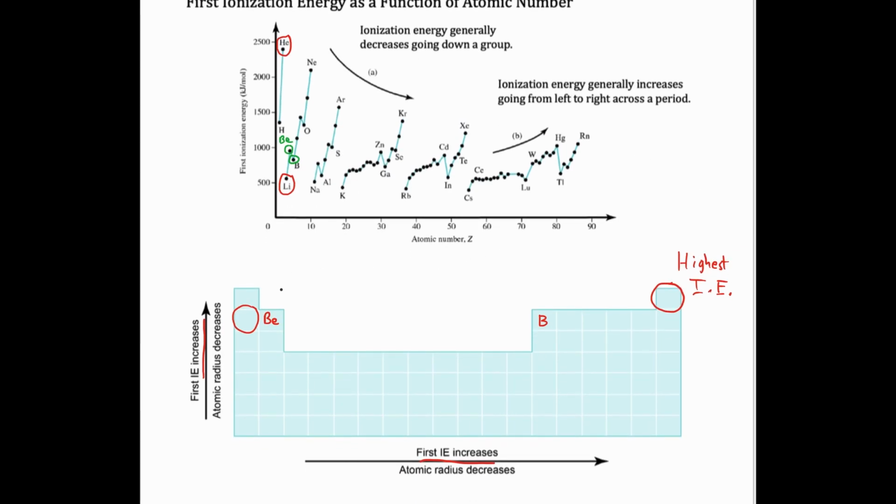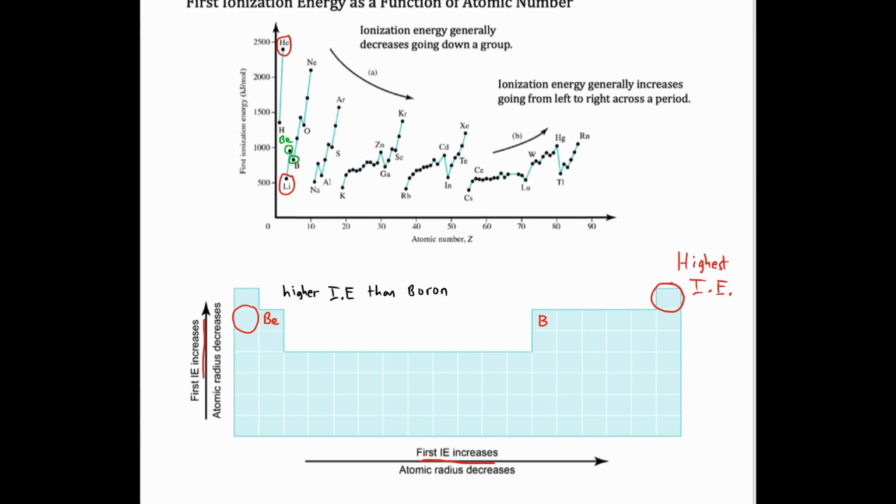All right, so this one has the higher ionization energy. And boron has a lower ionization energy than beryllium. That shows that this trend does not always hold. We can see that in the scatter plot above.